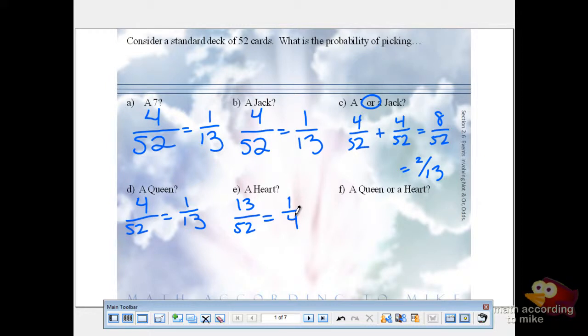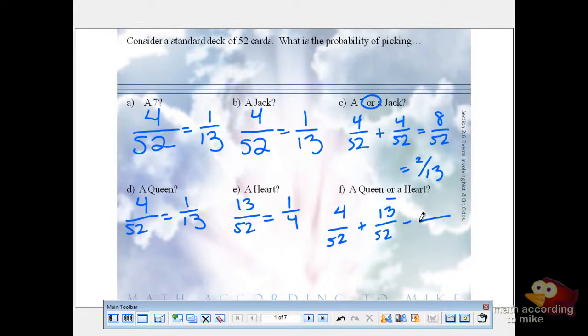But part F, a queen or a heart. Well, this is different. The reason it's different is because if we straight up added the 4 queens plus the 13 hearts, then we're double counting the queen of hearts. So whenever you have an or, you have to take out the cards that overlap. So we have 4 queens. We have 13 hearts. But we have to take out the overlap.